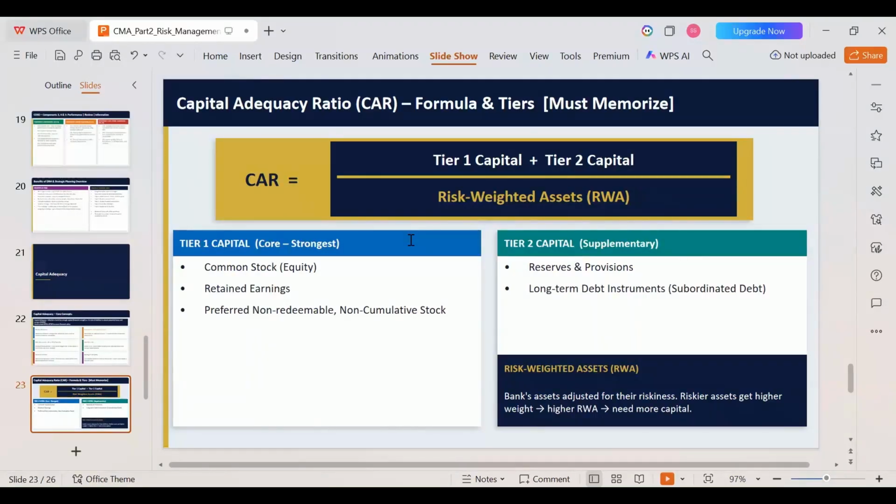It will be anywhere up to 200%. Up to 200% they can assign any weights. So risk weighted assets will be in the denominator. Now Tier 1 capital plus Tier 2 capital divided by risk weighted assets should give us at least 8% CAR. That's the minimal ratio that we expect. The ideal ratio that we expect is 8%.